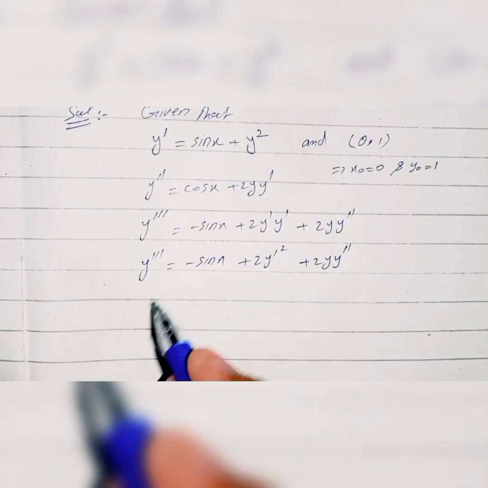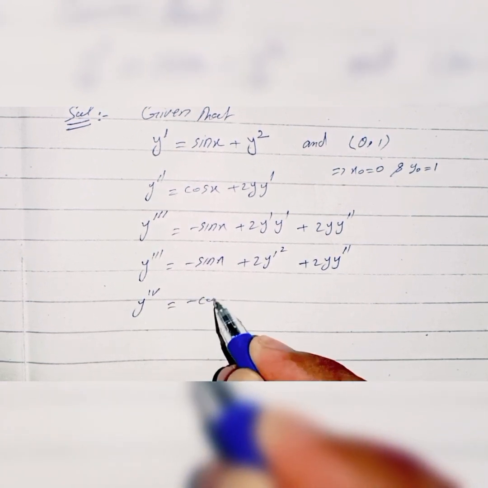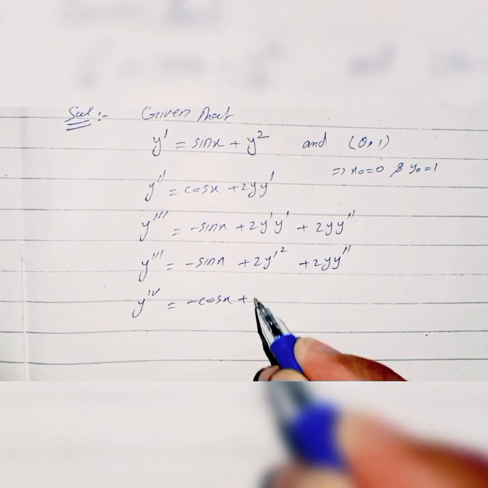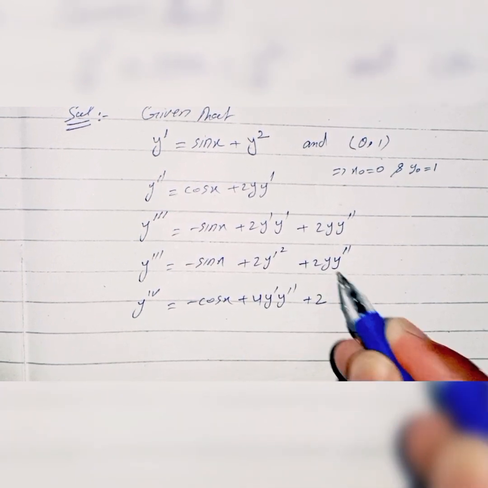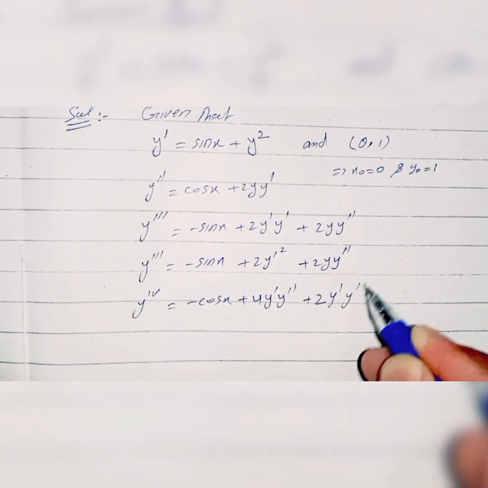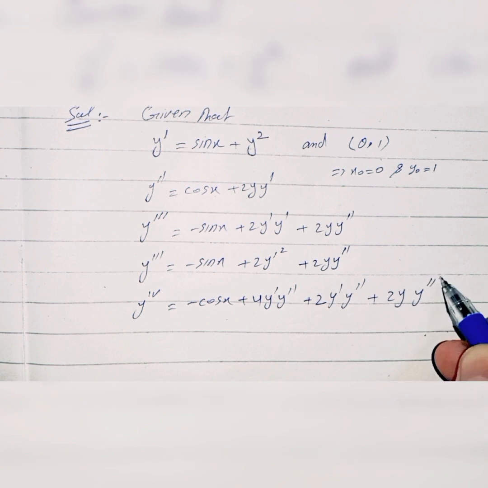Again taking derivative with respect to x, y fourth derivative is equal to minus cos x plus 4y prime y double prime plus 2y prime y double prime plus 2y y triple prime.